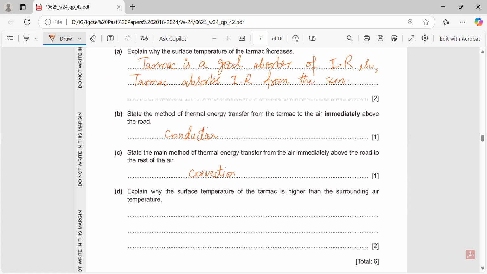Okay, so next is then: explain why the surface temperature of tarmac is higher than the surrounding air temperature.